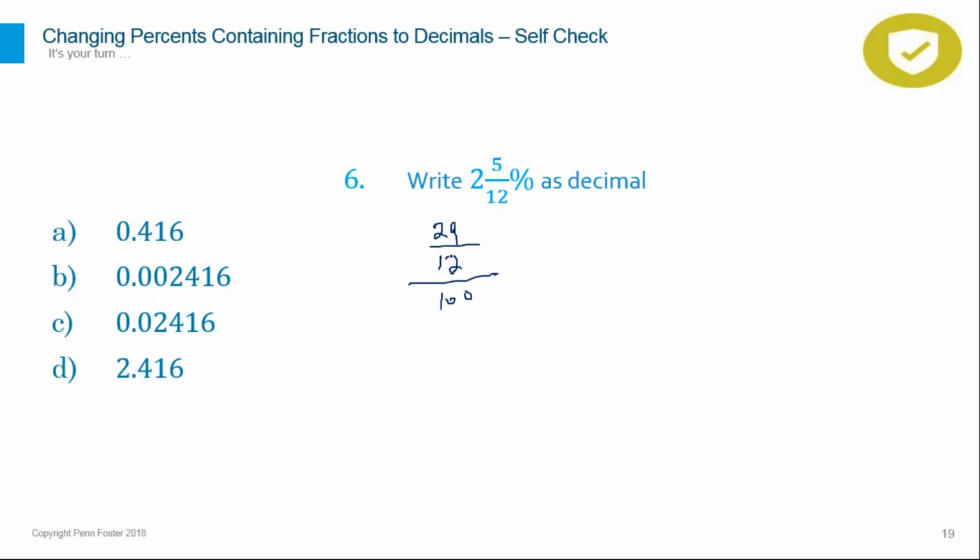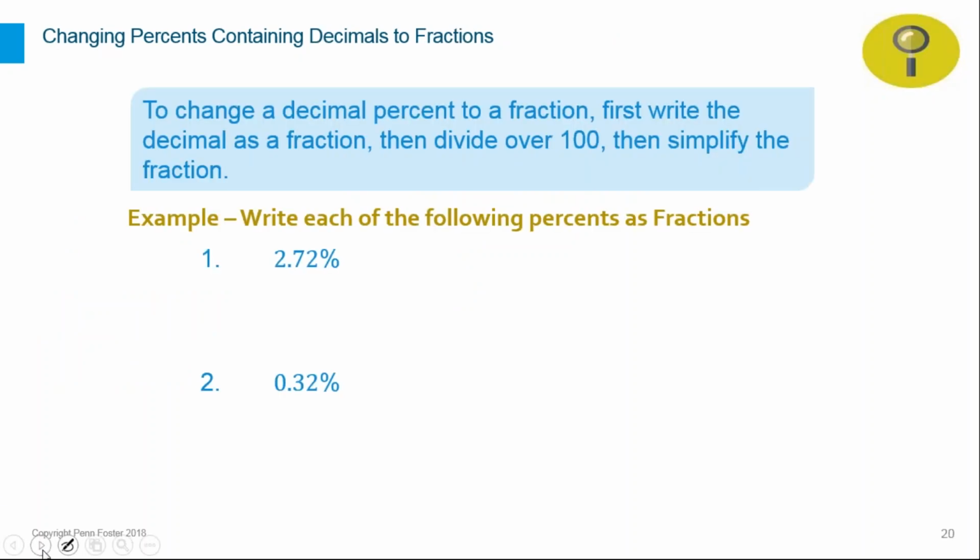It's up to you. But either way, it will give you the answer C. C would be the decimal form of that percent. Any questions here before we move on? Okay, let's go to the next slide.